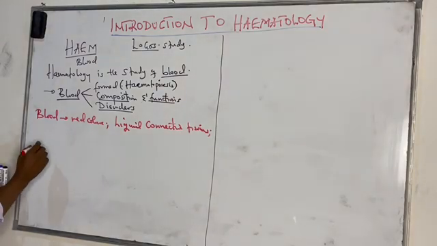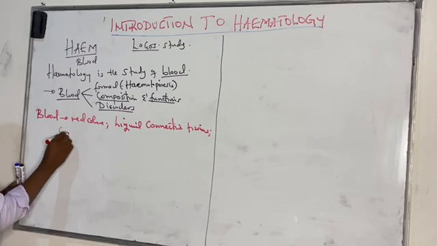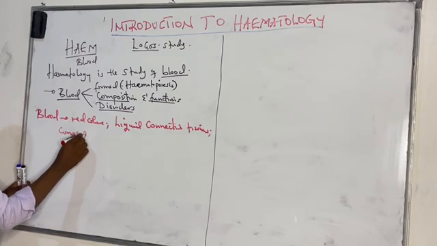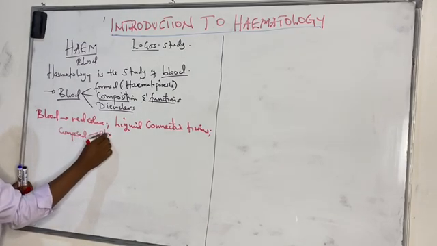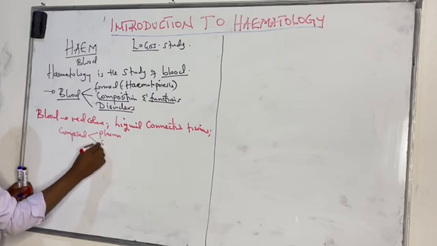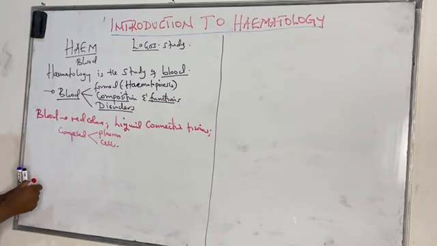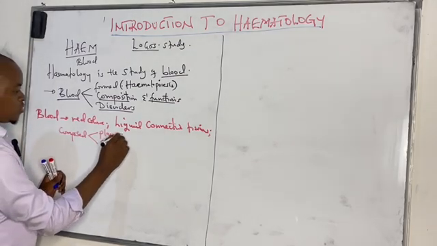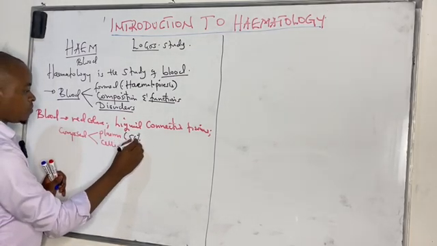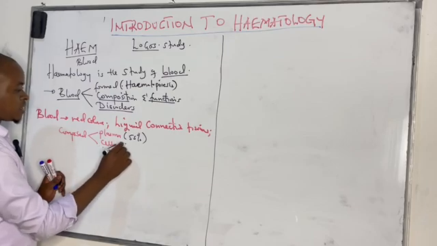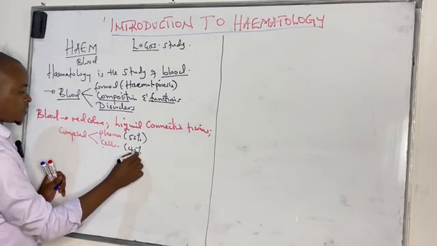It is composed of plasma and formed cells, whereby the plasma in the blood occupies 55%, whereas the formed cells occupy 45%.